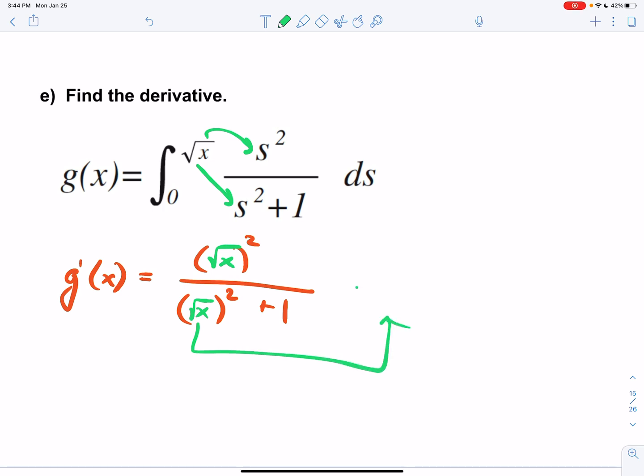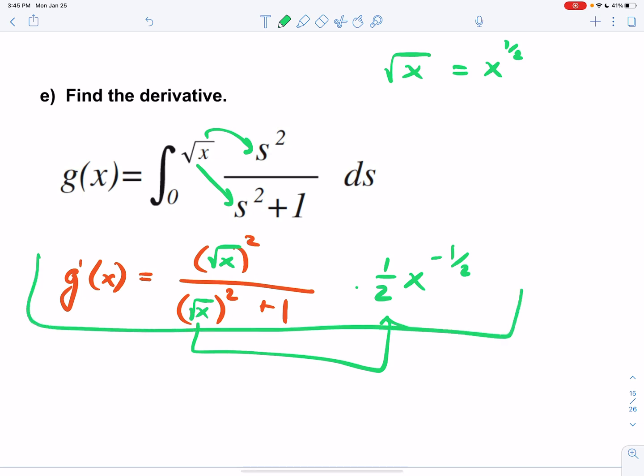The derivative of the square root of x, also known as x to the 1/2, is 1/2 x to the negative 1/2. You do have to recall your derivatives, okay? We could clean this up, but I would rather you just keep it bare like that.